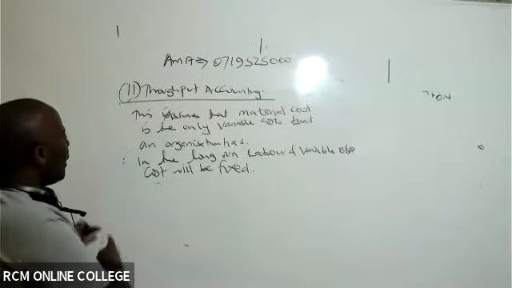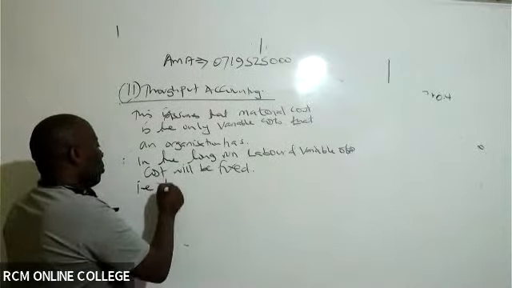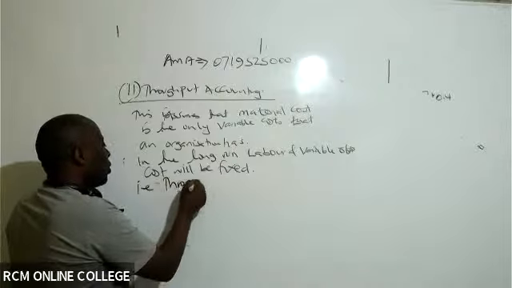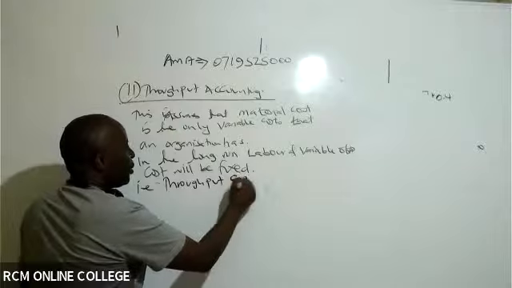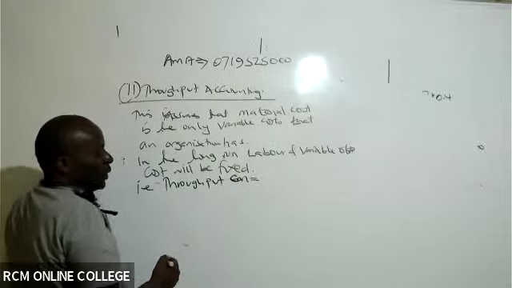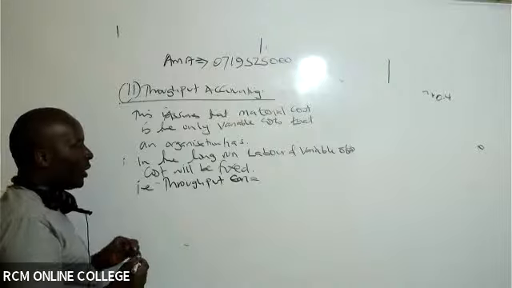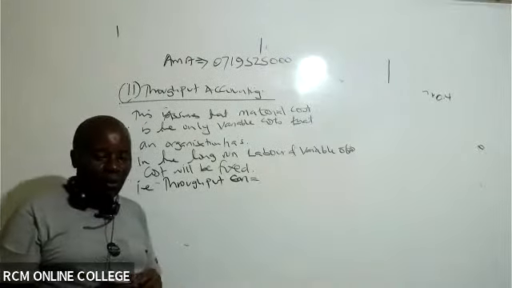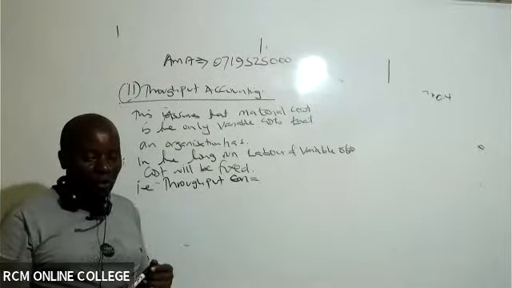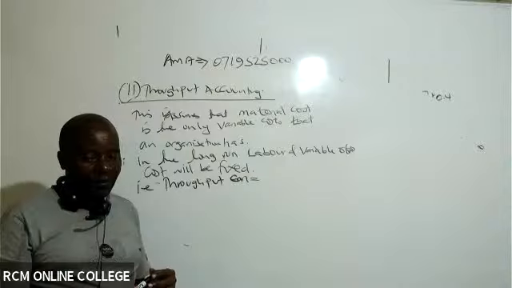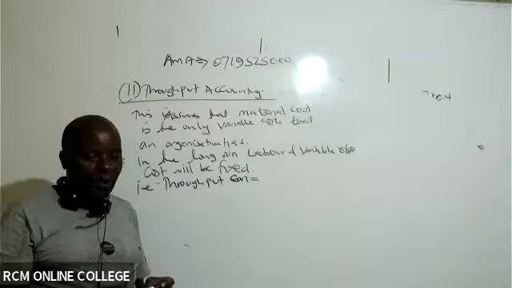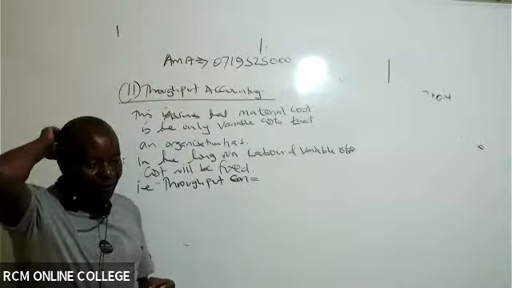So to get the throughput contribution margin, it will be what minus what, if you're following?